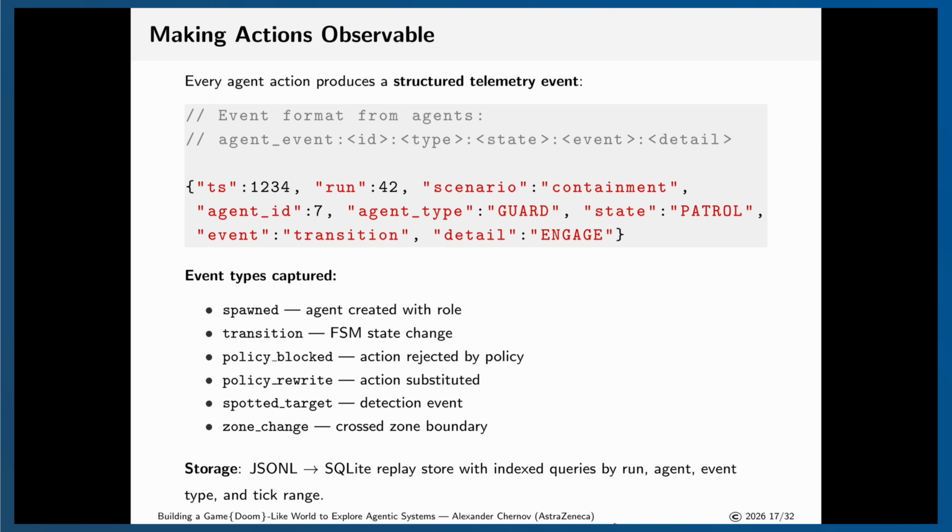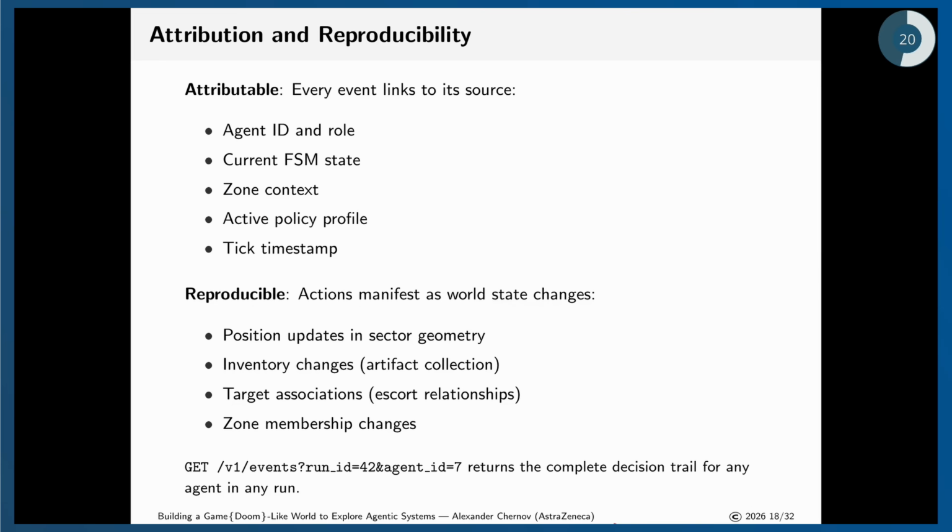So we make our actions observable. We actually have a structure for 9 event types: time, spawn, transition, policy blocked, policy rewrite, spotted target, and zone change. It's all exposed through JSONL to SQLite to record this and find it later. So they're available per agent. If we have 1,000 agents, those structures are applied and created for each one of those agents.